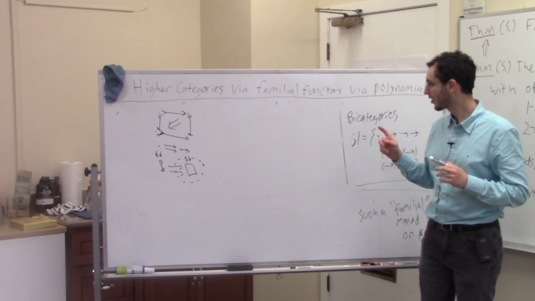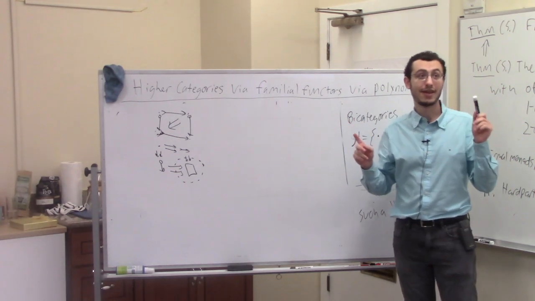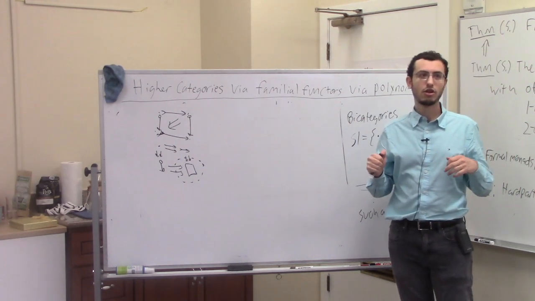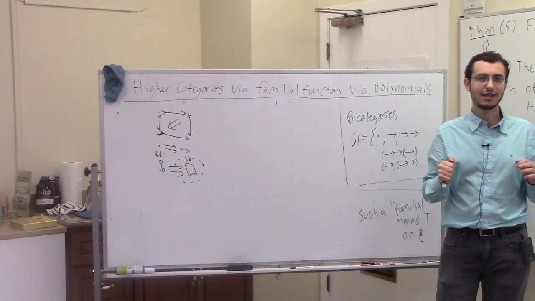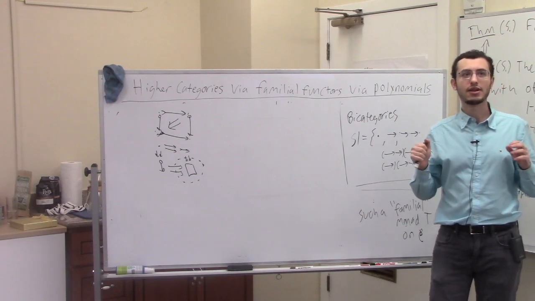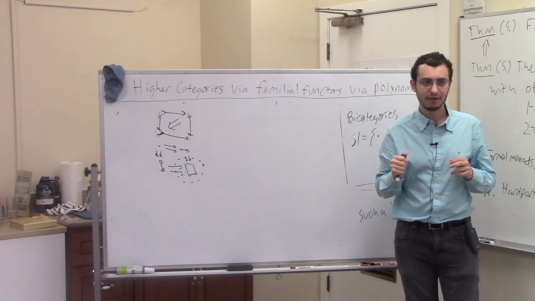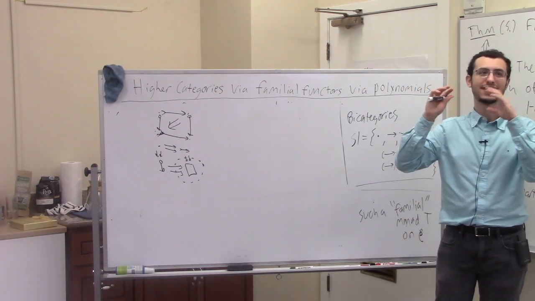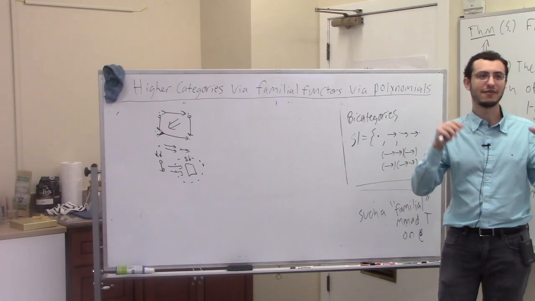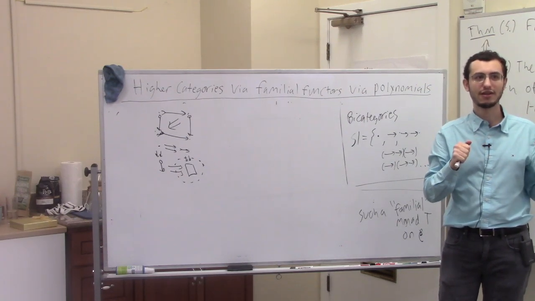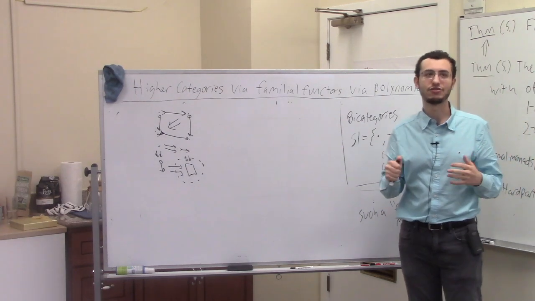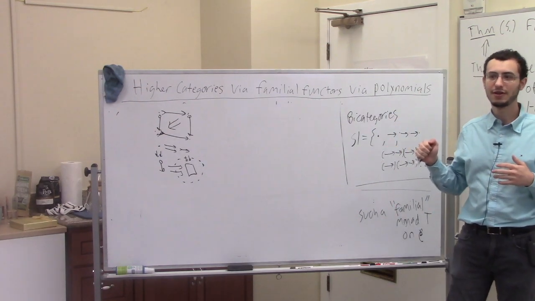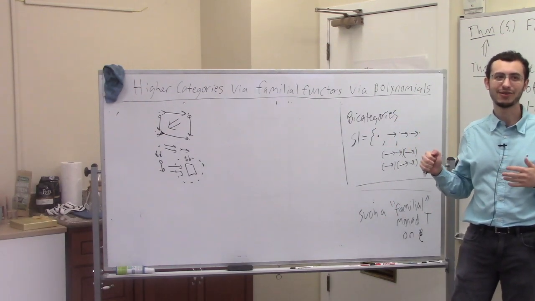But for my favorite one, a multi-category should be enriched in an operad object in Cat. So rather than sets of operations with each arity, you have categories of operations with each arity. And this is the natural thing to enrich a multi-category in. And so you can get one of these for each type of higher category.